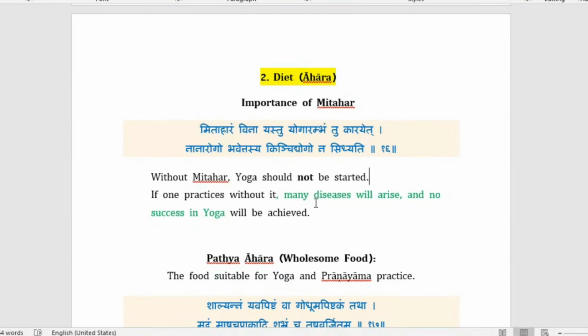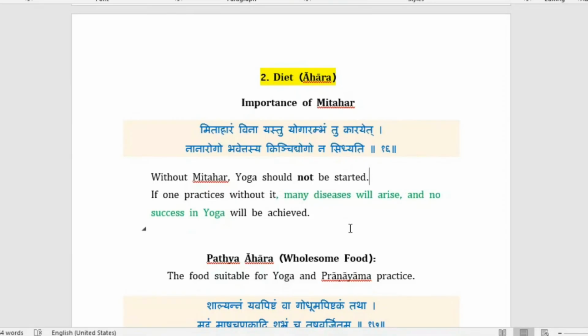Hence, these are the two things that you have to remember that Gherand Rishi has said. Without mitahar, if you practice yoga, what will happen? Many diseases will arise and there will be no success in yoga. These are the two things that have been specified by Gherand Rishi.